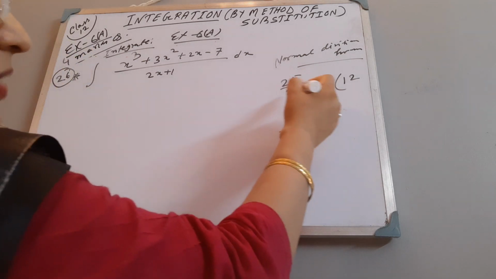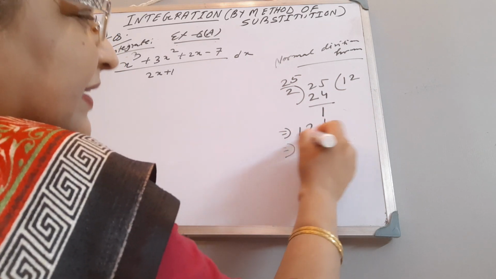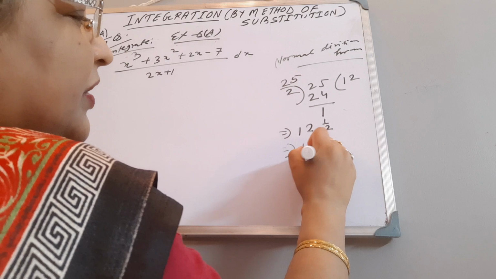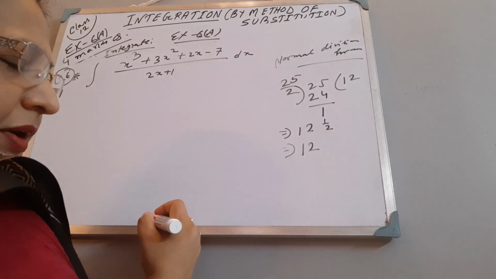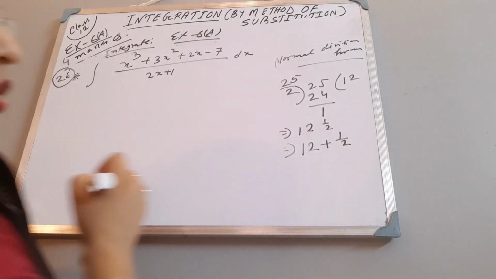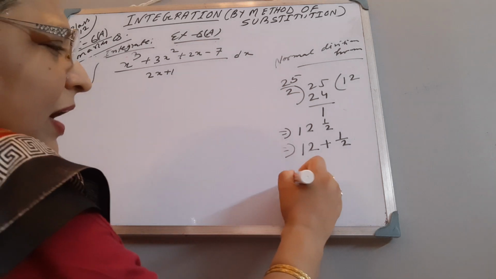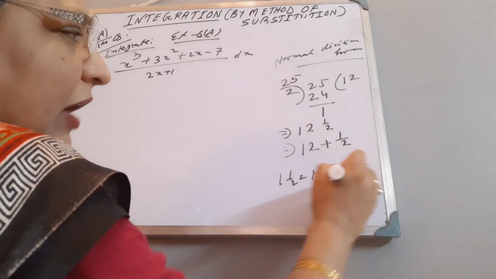Okay, so 25 by 2 can be written as 12 whole number 1 by 2, which in our childhood we already did as 12 plus 1 by 2. Any fraction of this type can be written like this: 12 and half means 12 plus half, 1 and half means 1 plus half.